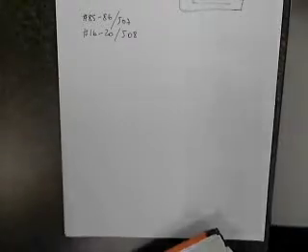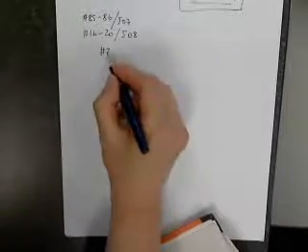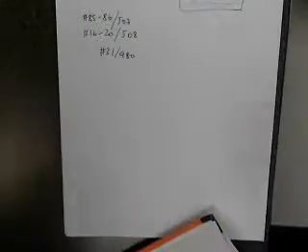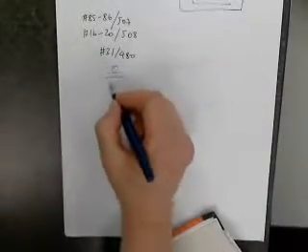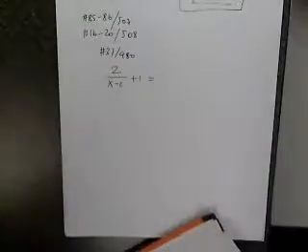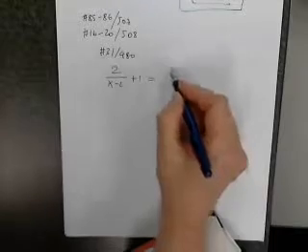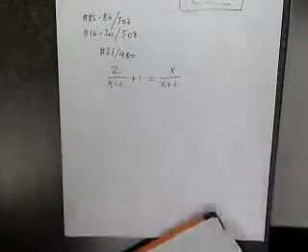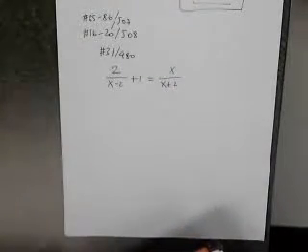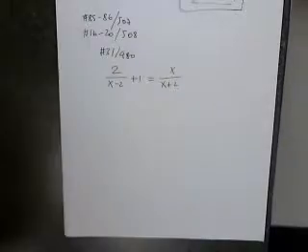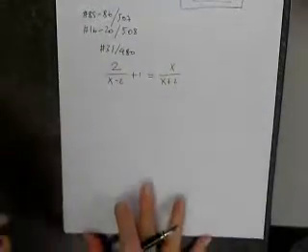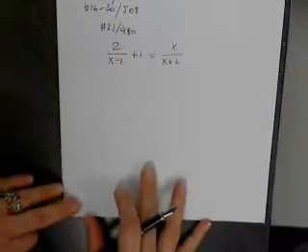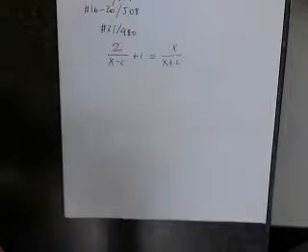Okay, so let's start with that one. It was 2 over x minus 2 plus 1 equals x over x plus 2, and I wrote x minus 2 by mistake. Can anyone tell us the first step?